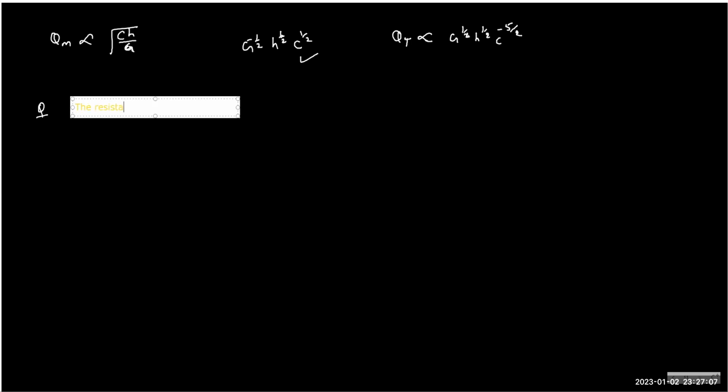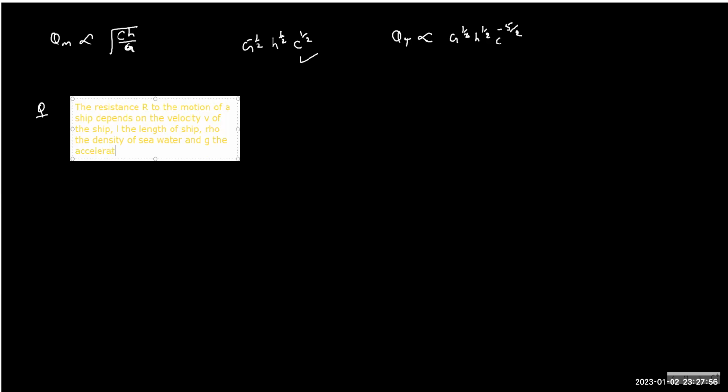So the resistance R to the motion of a ship depends on the velocity of ship, L, the length of ship, rho, the density of ship, sorry, density of sea water, and G, the acceleration due to gravity. Find the dimension of R.